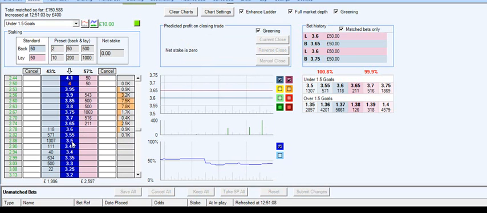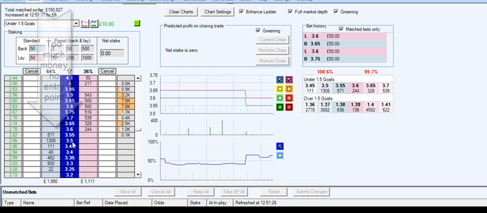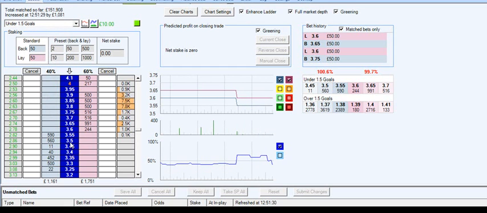I tend to like to get in when there's very little money on the back side, so your back is instantly matched, and the price will come down a tick because there's no money left on the back side. At the moment, there's a fair bit on either side, so I'm just going to wait until that drops a little bit.